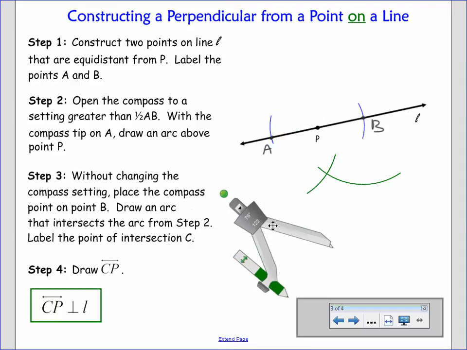So this intersection point I'm now going to label C, and it should give us a perpendicular line.